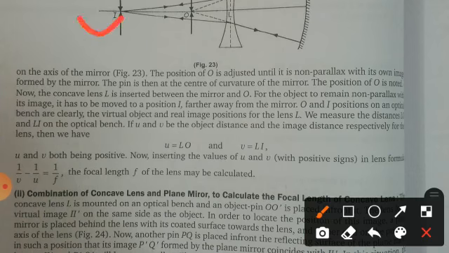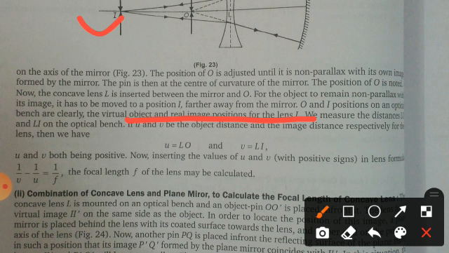Further away from the mirror, O and I on an optical bench are clearly the virtual object and real image positions for the lens L. We measure the distances LO, or IO, and LI on the optical bench.